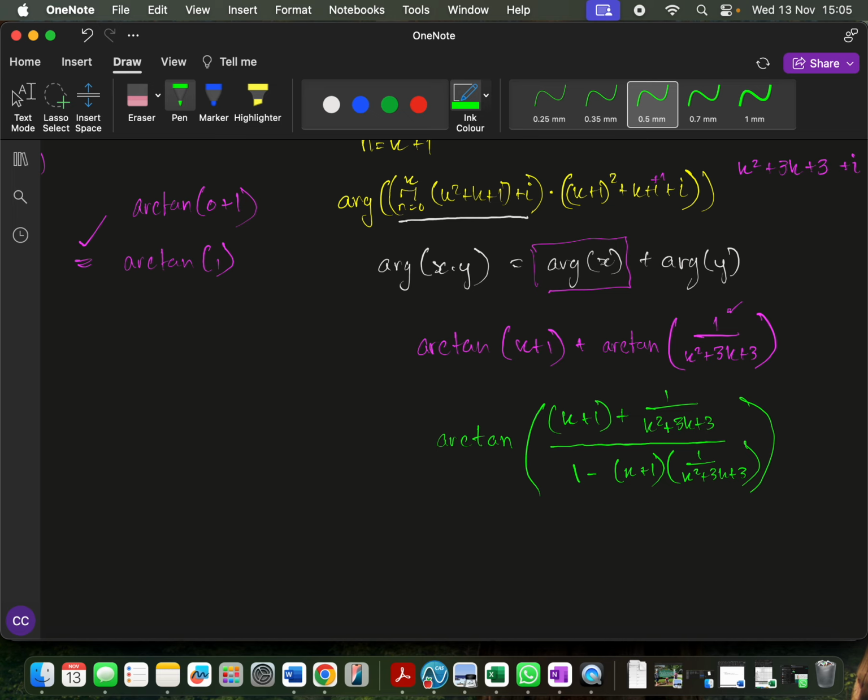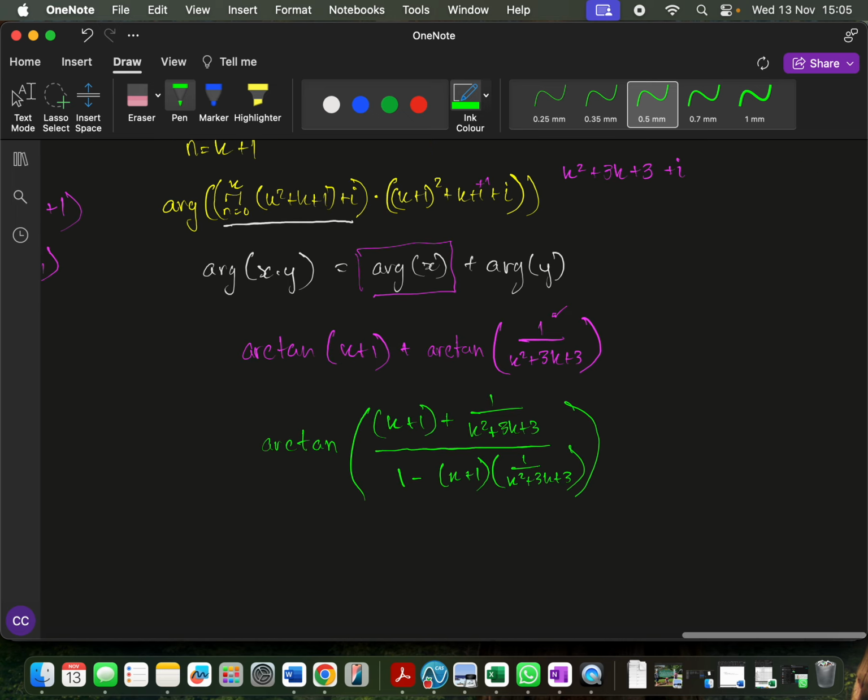Whew. All right, before I go any further on this, I'm going to turn this denominator into a rational function.